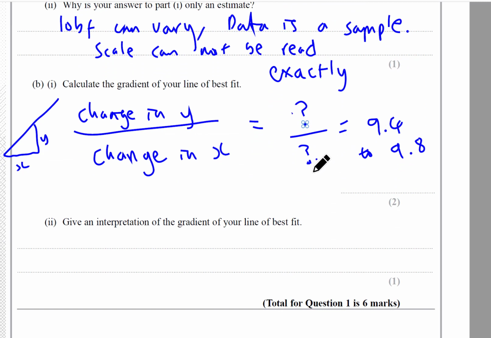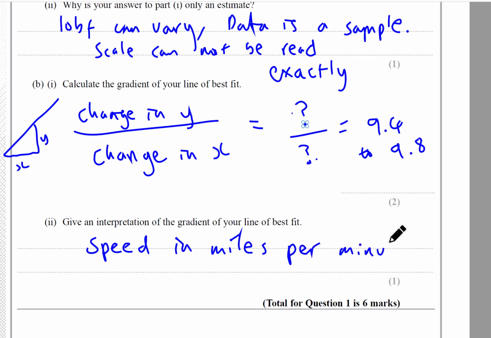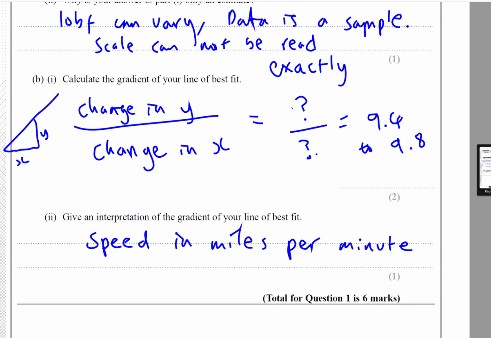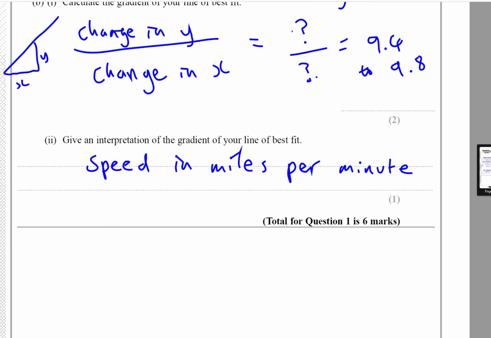So your line of best fit is showing the speed in miles per minute. And remember, that is a positive correlation as well. So, you know, this is a straightforward 6 marks for you to clean up.